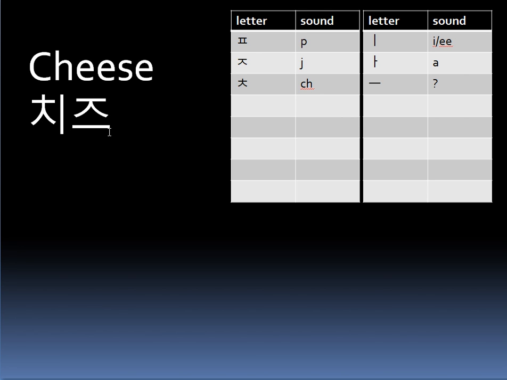So how do you know when you're going to put a vowel at the bottom instead of side by side? It depends on which vowel you're following. This vowel is not going to be put side by side, like this.